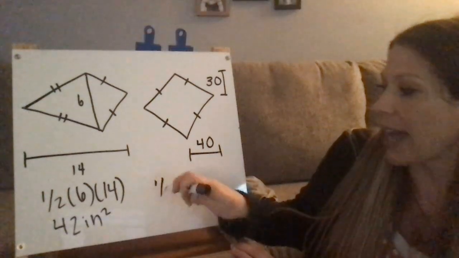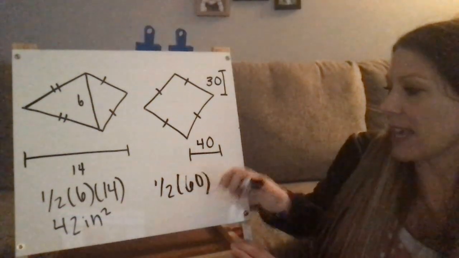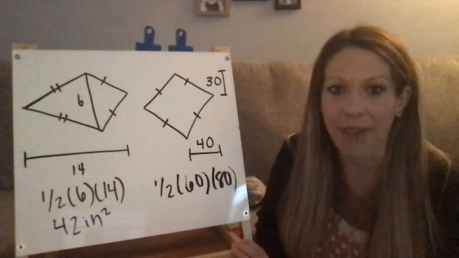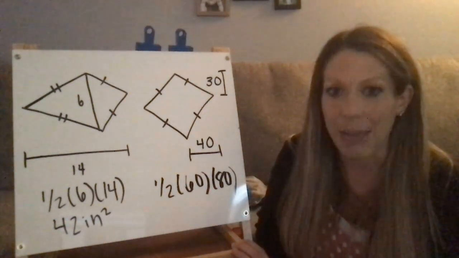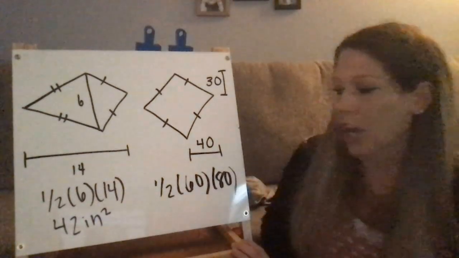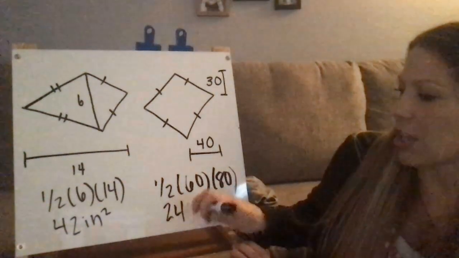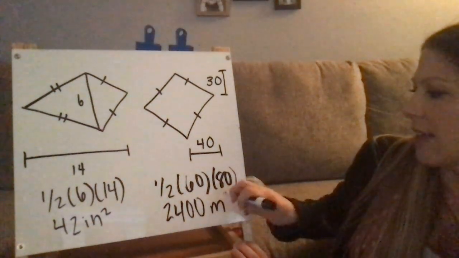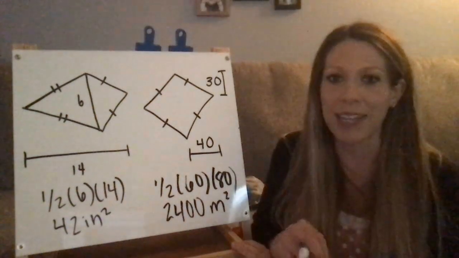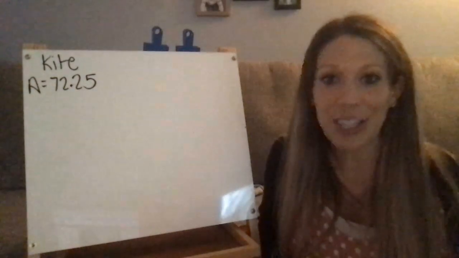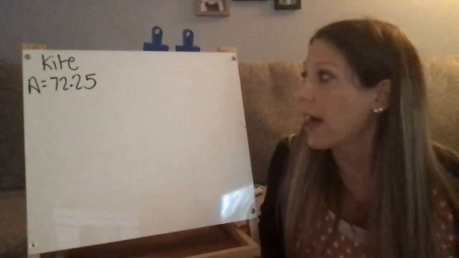So our two diagonals are 60 and 80. So our formula will say 1/2 of 60 times 80, and we get 2,400. And our units on this one are meters squared because it's area.